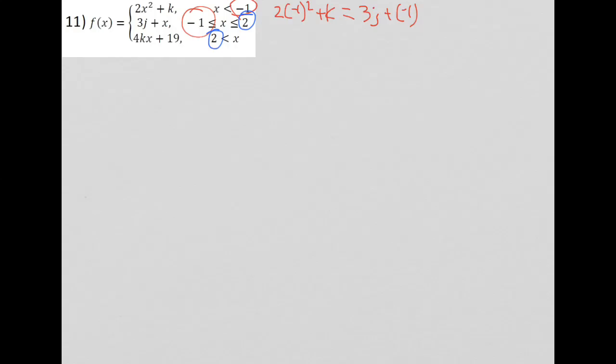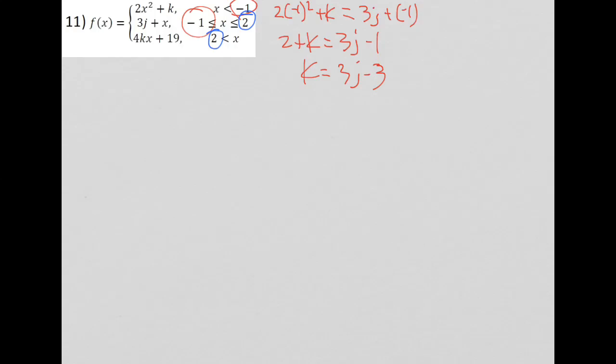So if I simplify this, I'm going to get 2 plus k equals 3j minus 1. Let's go ahead and solve this for one of my variables. I'm just going to go ahead and solve it for k to get k equals 3j minus 3.